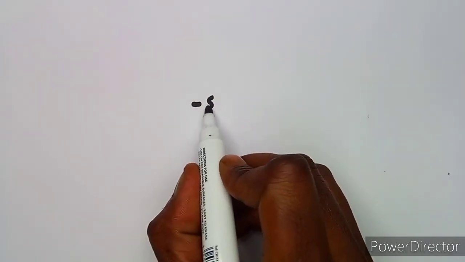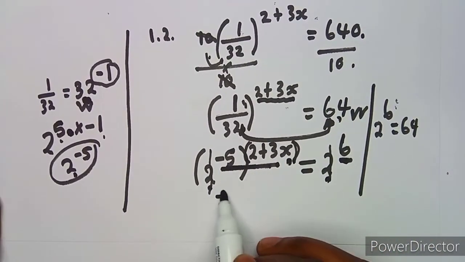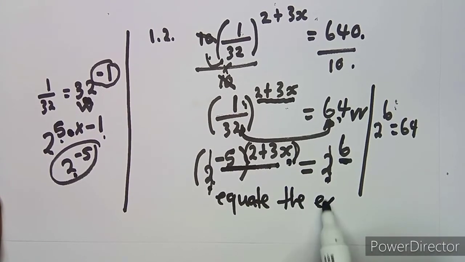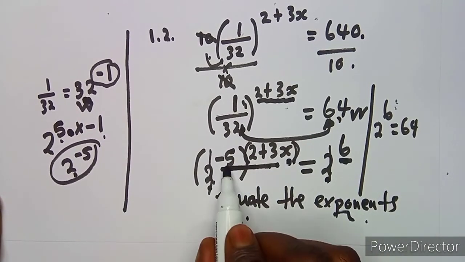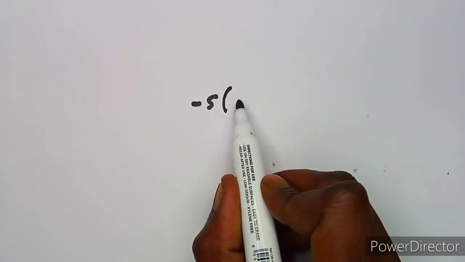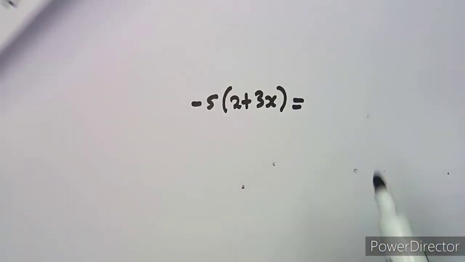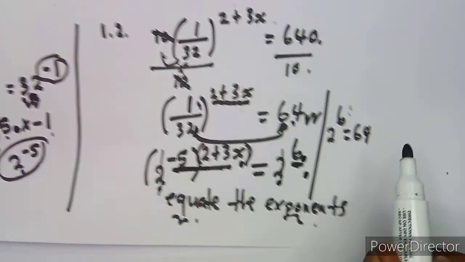It will be -5, remember, we equate the exponents. So we make an equation, this one equal to this one. So it's -5 into (2 plus 3x), equal to the exponent here, which is 6.